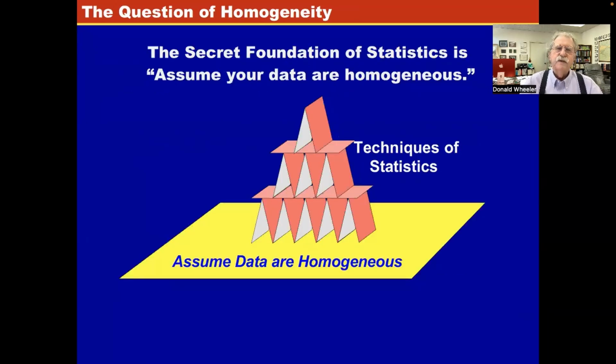You see, the secret foundation of statistics is assume your data are homogeneous. If you read articles in statistics, right at the first paragraph or two, you'll see a statement about we assume we have a collection of random variables that are independent and identically distributed. And that independent and identically distributed phrase is equivalent to assume your data are homogeneous.